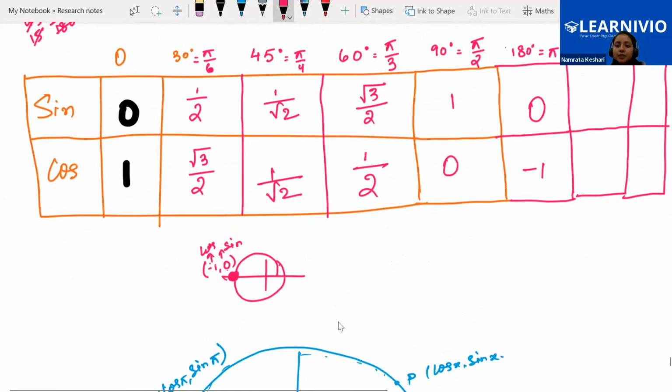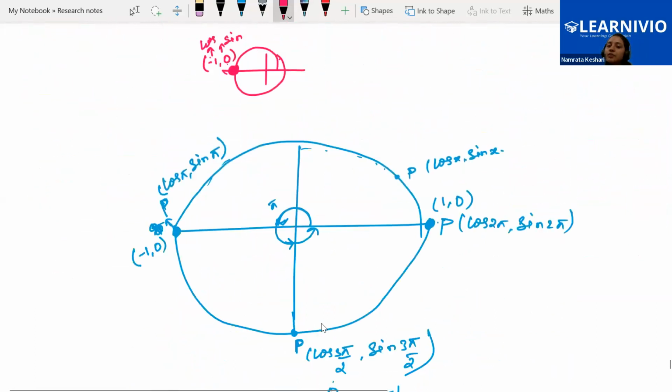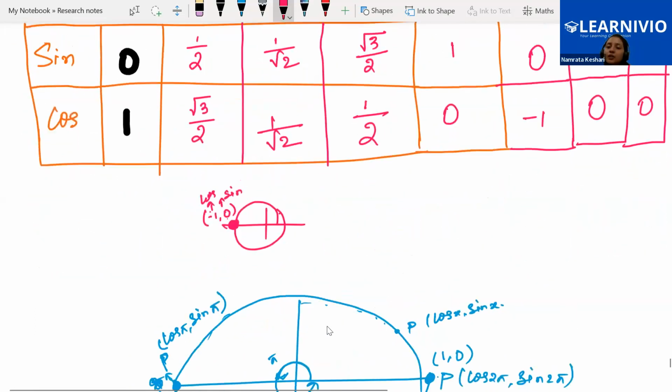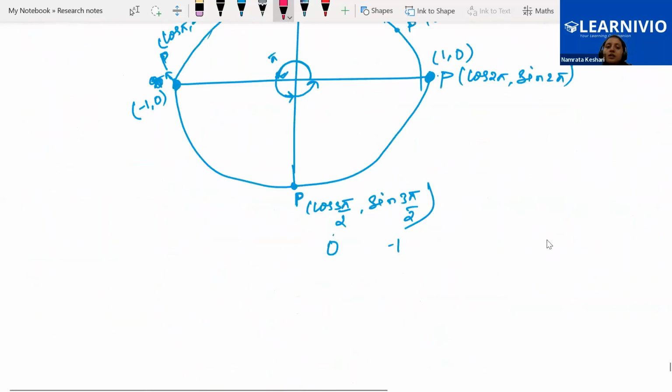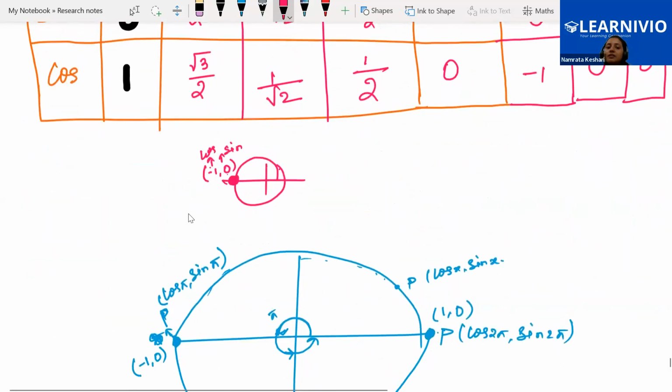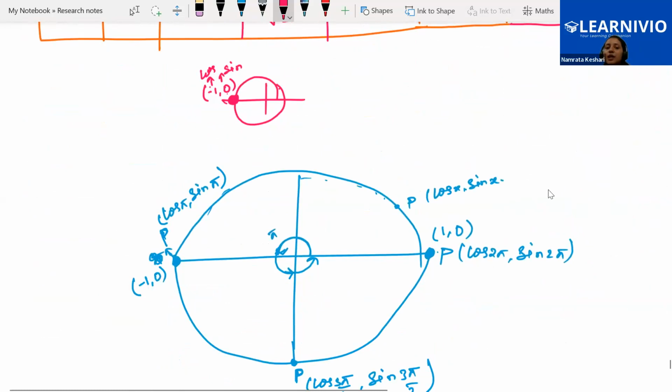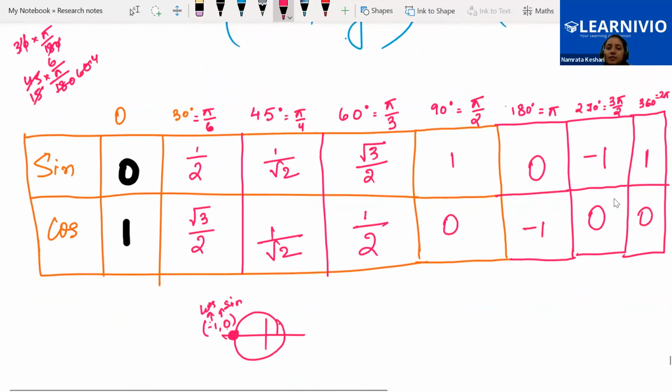Similarly, cos 3 pi by 2 is 0 and sine 3 pi by 2 is minus 1. Similarly, cos 2 pi is 1 and sine 2 pi is 0. So yes, this is the table. Whatever we have discussed already, that only I have written over here. Don't get confused, please. Since at first sine is there, then cos, I have taken the order as it is from here and filled it over here. That's why I did the correction.